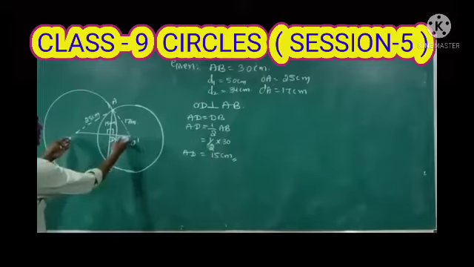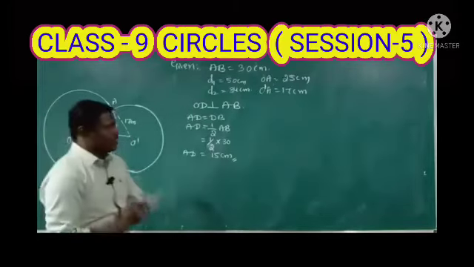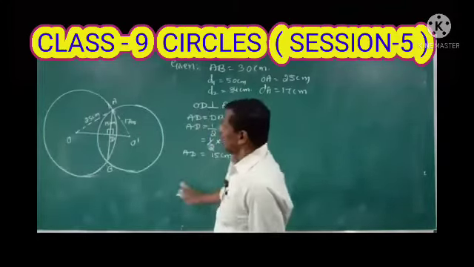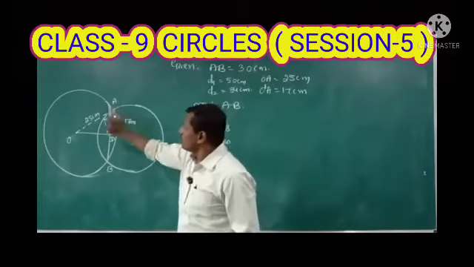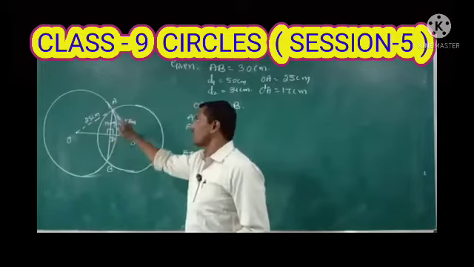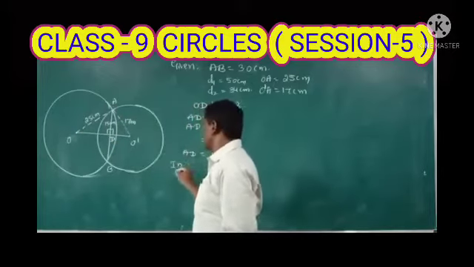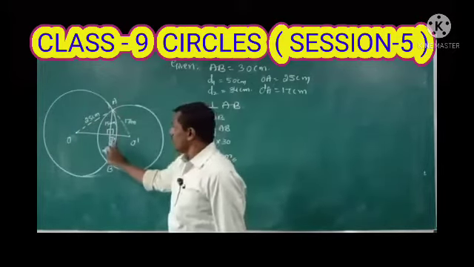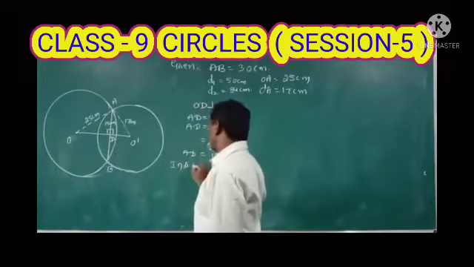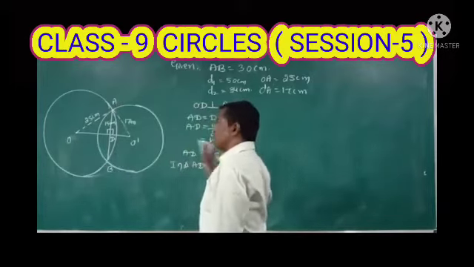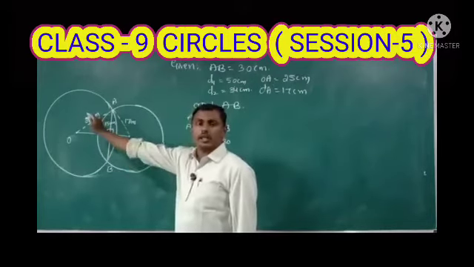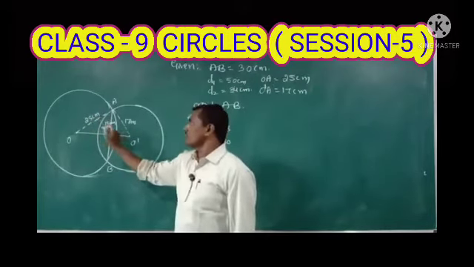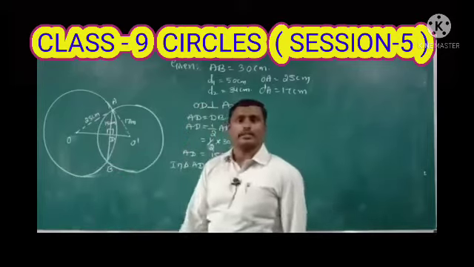The distance between the two centers of the circles. First consider any one triangle, either the first right angle triangle or the second right angle triangle. So in triangle ADO, angle D is 90 degrees, which means the side opposite the 90 degrees is the hypotenuse.